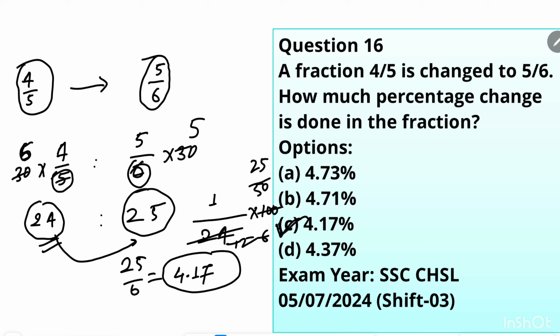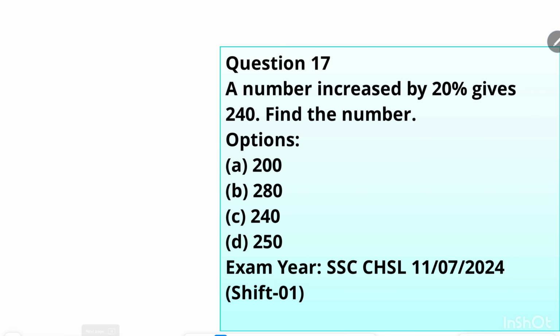You got it? Now look at the next question. Question 17 says a number is increased by 20% and gives 240. Find the number. Let the number be any number, that is x. It is increased by 20%.